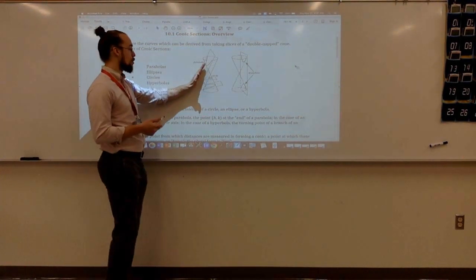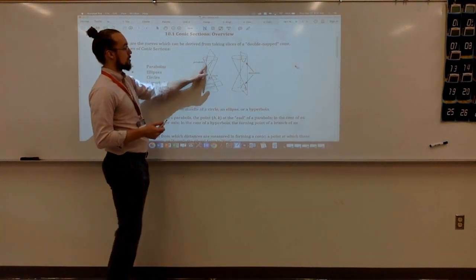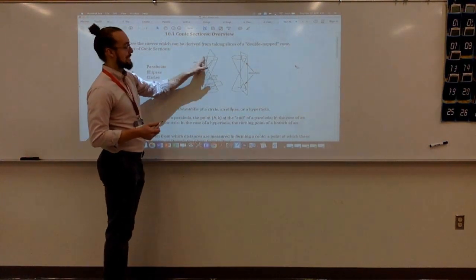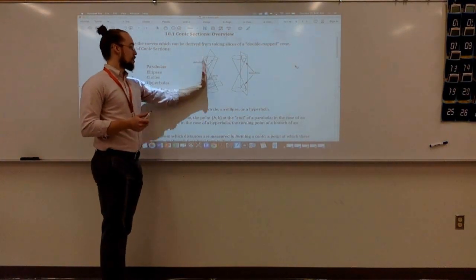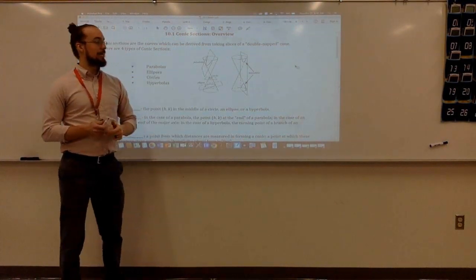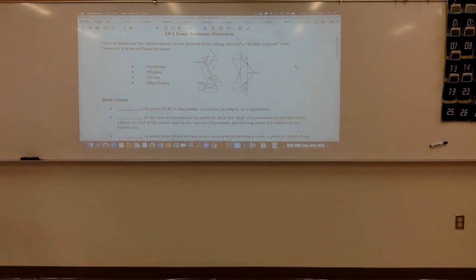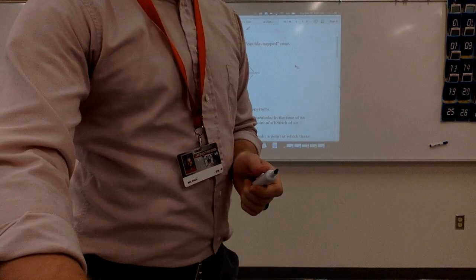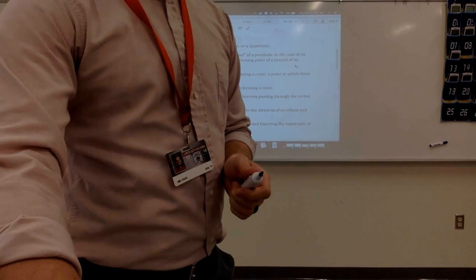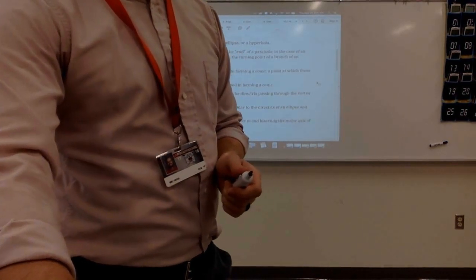If I tilt it even more so that it's only going through one side of the cone, we get a parabola. And then if I tilt it even more so that it goes through both cones, we get a hyperbola. So, this first section is just a basic overview with a little bit of vocab.